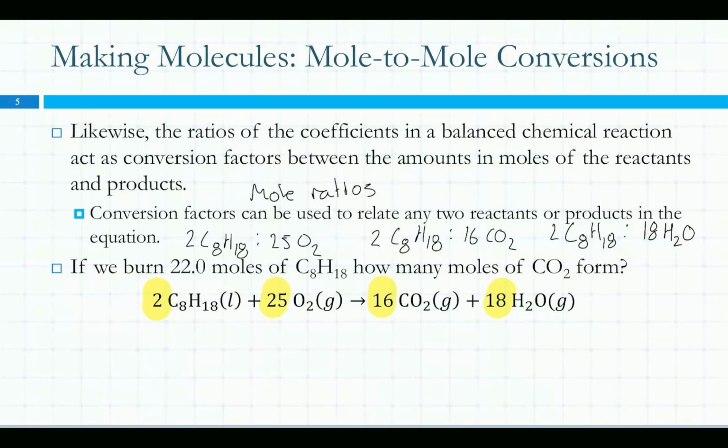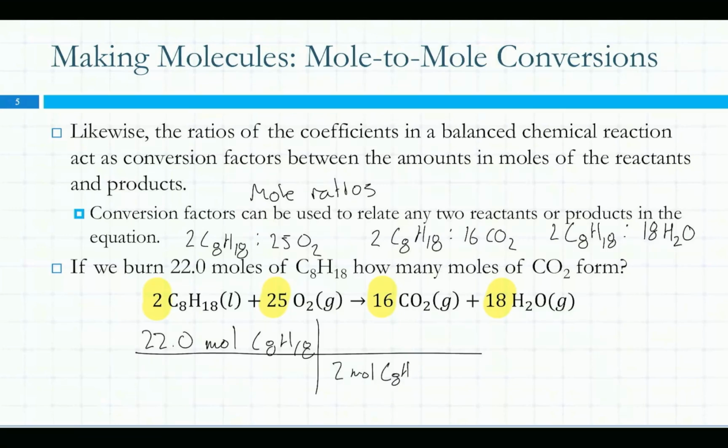So if we burn 22 moles of C8H18, and you could do railroad tracks, or you could just do it as fractions. Then I need 2 moles of C8H18 to produce 16 moles of CO2.